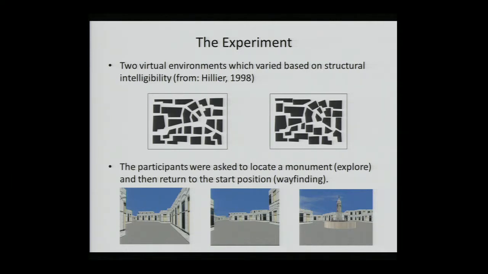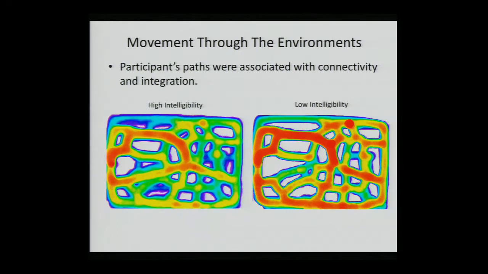These are two prototypical examples of what a participant saw from the exact same location, which is here. This is the less intelligible environment, and this is the more intelligible environment. You can clearly see that the sight lines are longer and that it's more connected.